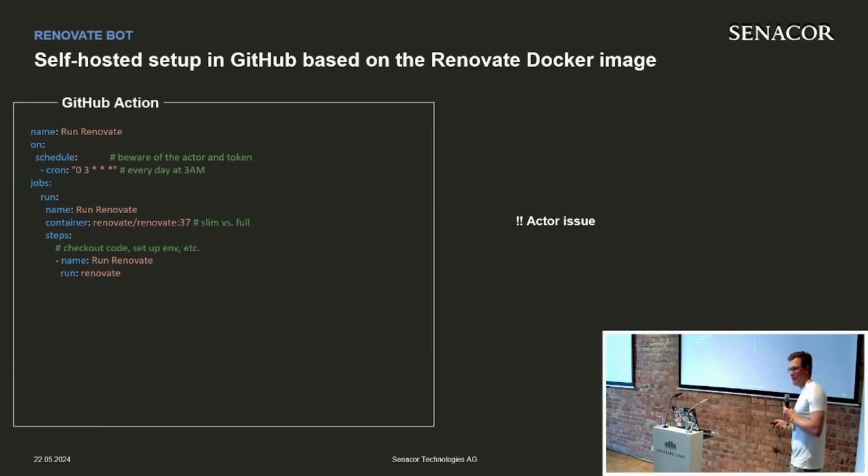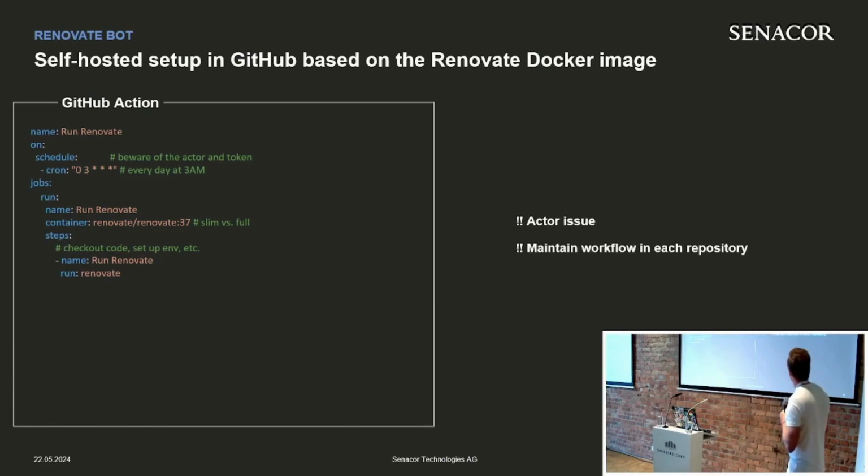If a team member leaves the team, the schedule does not run, you will not get any PRs. So that is something that you need to consider. Also, if you run this in 500 repositories at 3 a.m. in the morning at the same time, you will have a problem maybe with self-hosted runners and your performance, right? So that's also a very interesting thing that you need to think about.